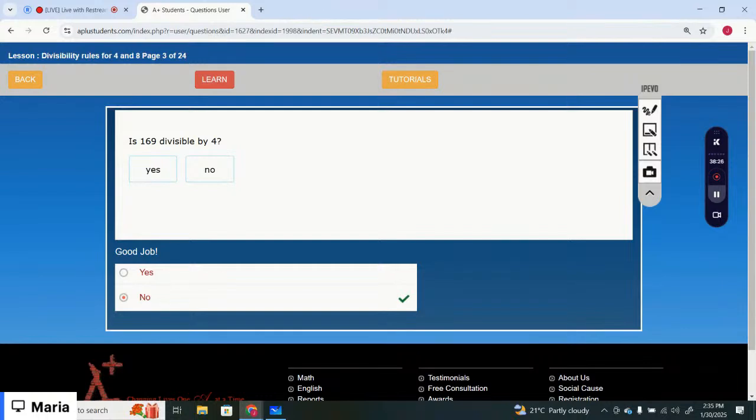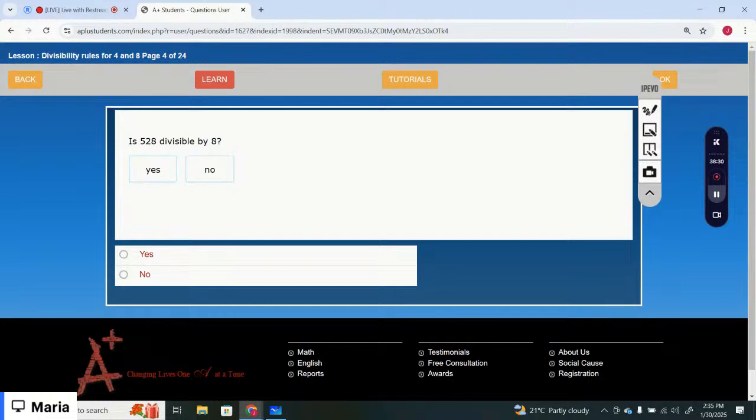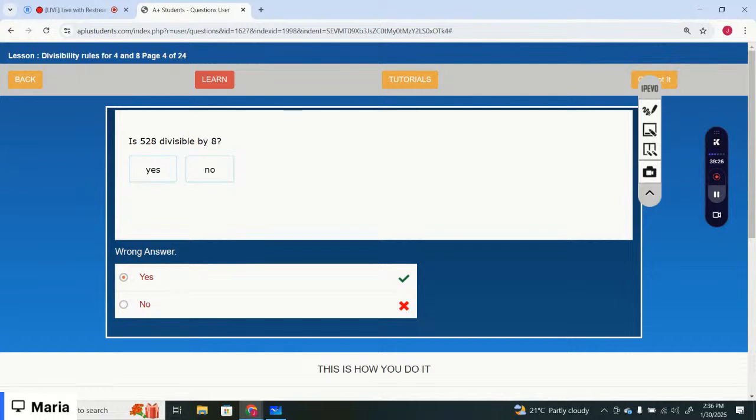No, 169 is not divisible by 4. Is 528 divisible by 8? No, that isn't. Yes, it is.